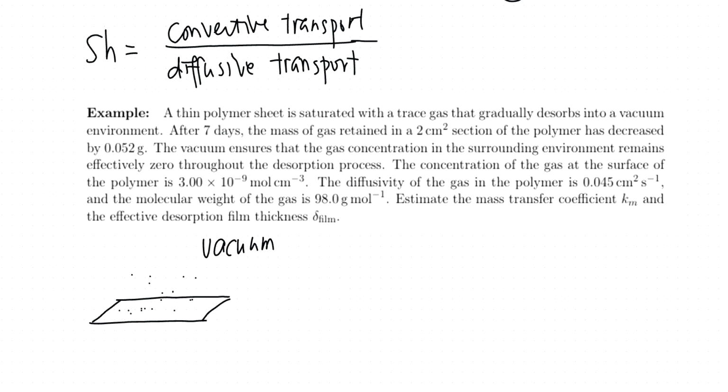After 7 days, the mass of the gas retained in a 2 centimeter squared section of the polymer has decreased by this amount. So this surface area is 2 centimeters squared. After 7 days, this amount of mass is gone. The vacuum shows that the gas concentration in the surrounding environment remains effectively zero.